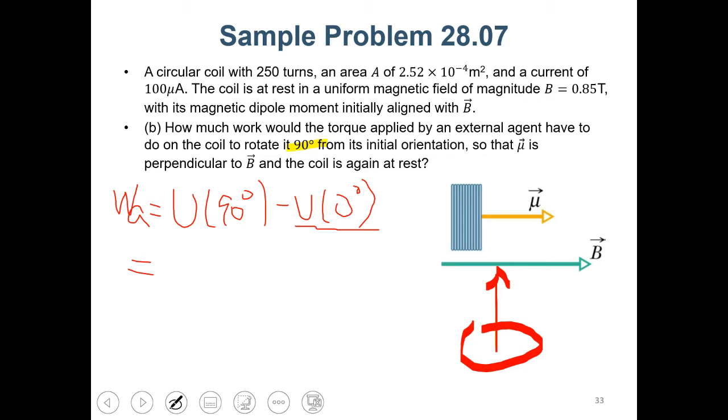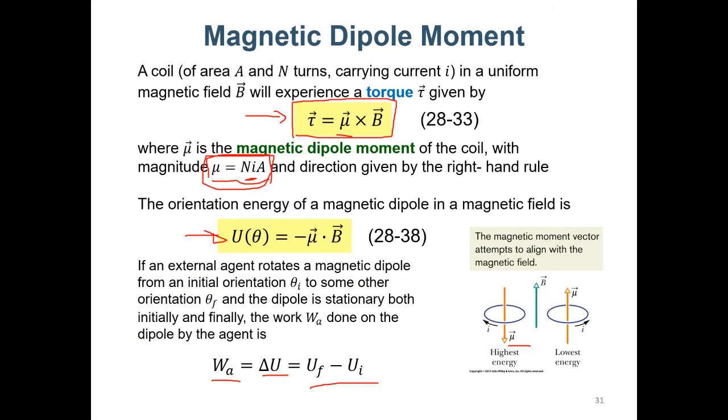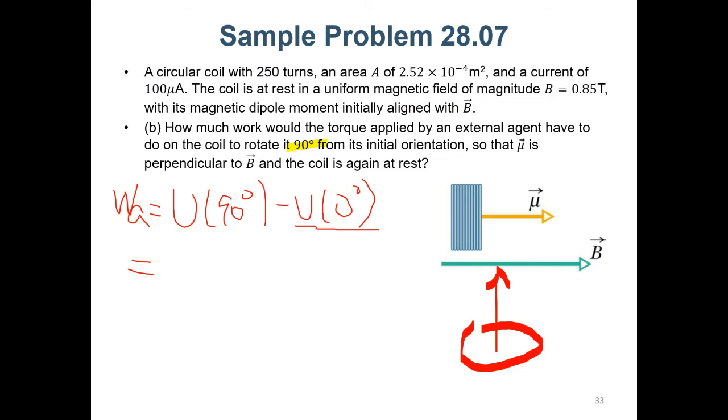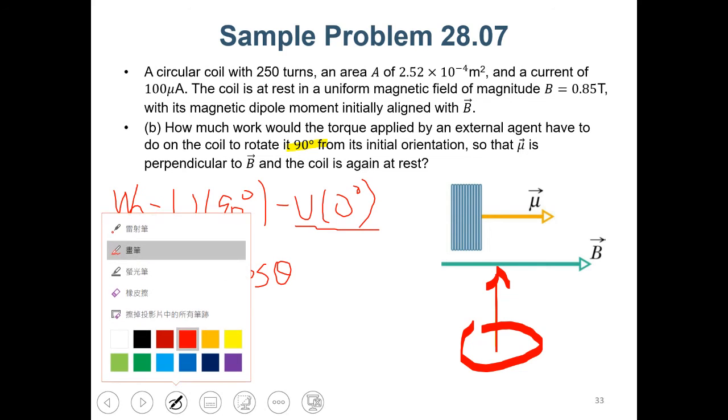So we have U theta is minus mu dot B, which means minus mu B cosine theta, because in the dot product we use the cosine.